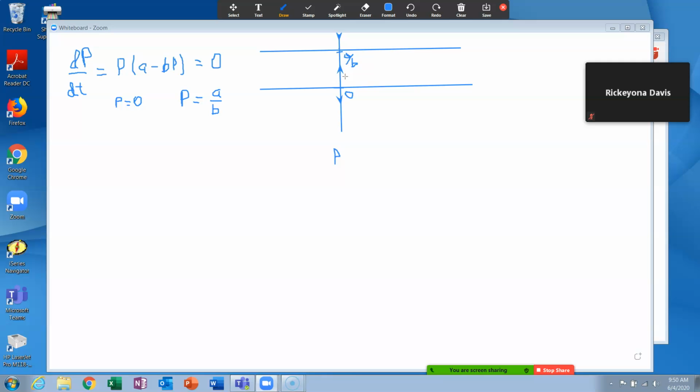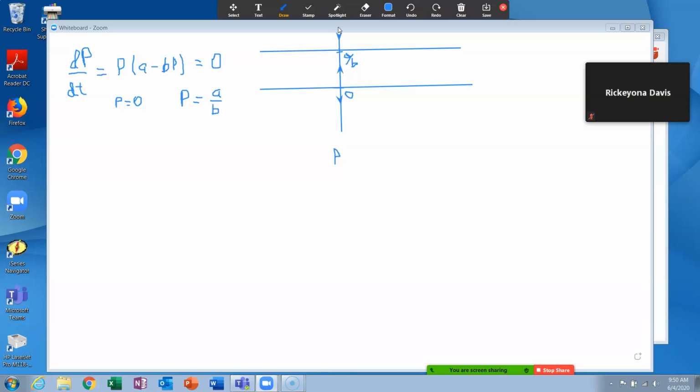Now, I've read this several times, and I never do see why I guess they just arbitrarily choose that P is less than, let's see, you've got 3 intervals here, from negative infinity to 0, from 0 to A over B, and then from A over B to positive infinity.